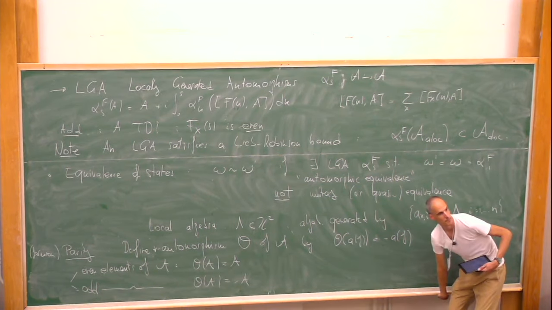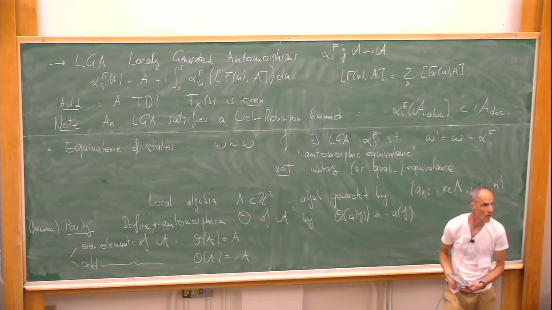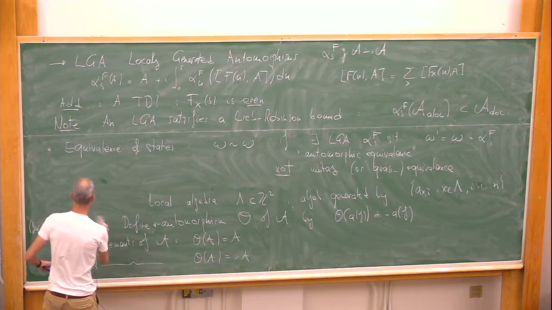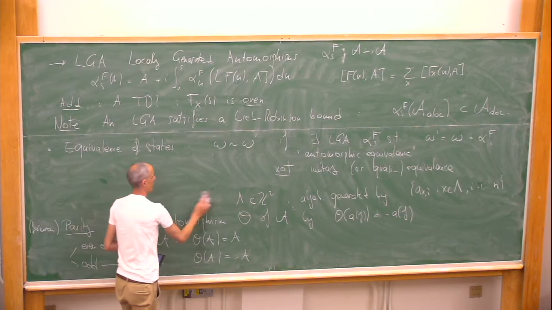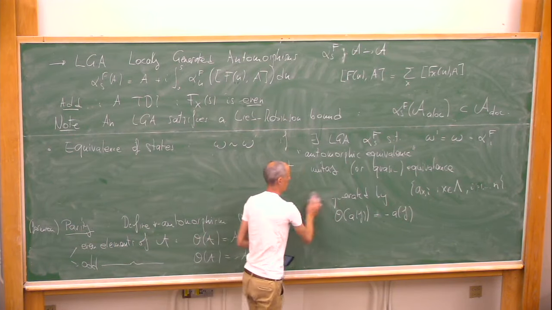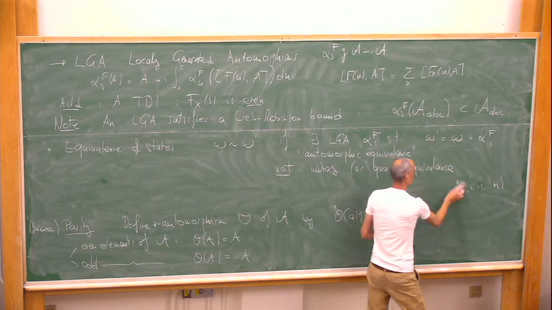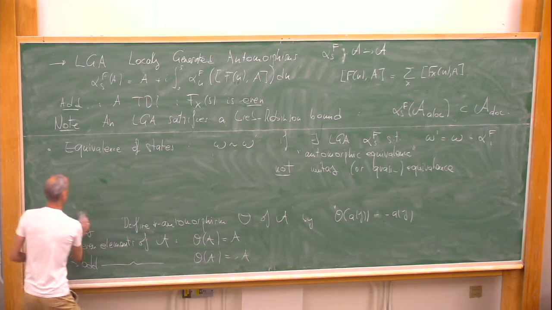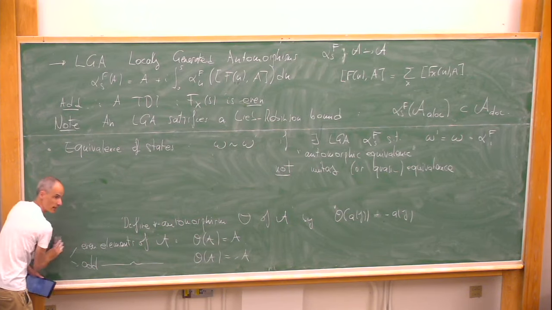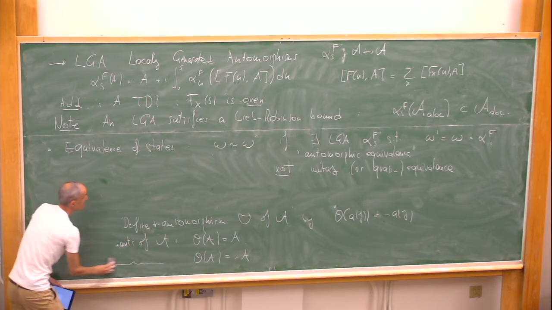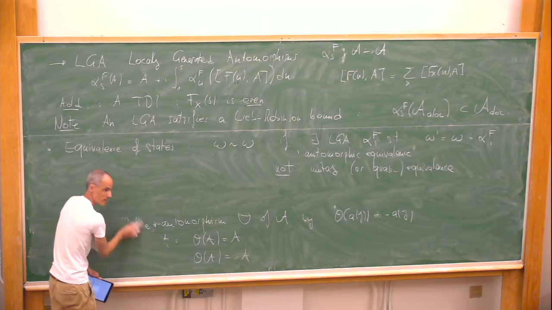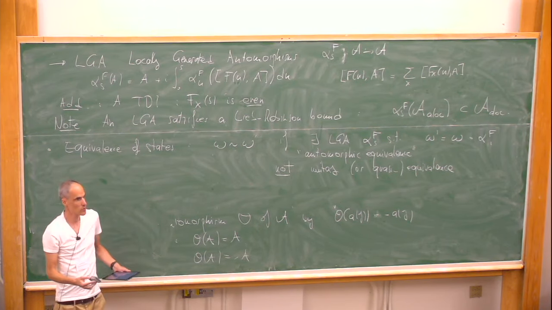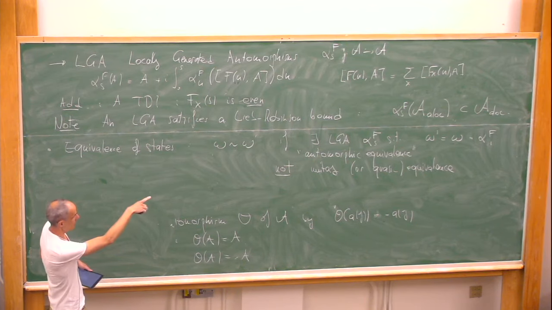Okay? Yes? How do I go back and forth between states and Hamiltonians if the Hamiltonian has degeneracy? So you see, my whole point here will be to say that the Hamiltonians are irrelevant. You see, have I said anywhere that the state is a ground state? No. These F that generate the flow, so to say, have nothing to do with a physical Hamiltonian.